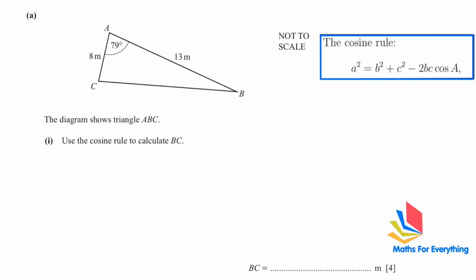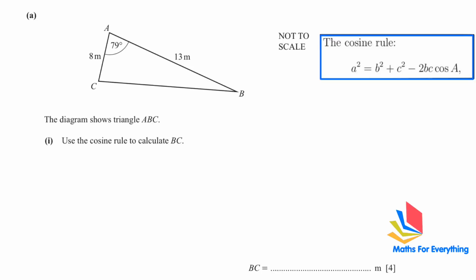So we'll just replace it. a squared is the side that we need to find. b squared and c squared can be either of the sides, and the angle we need, to find BC, we need to have the angle opposite it.